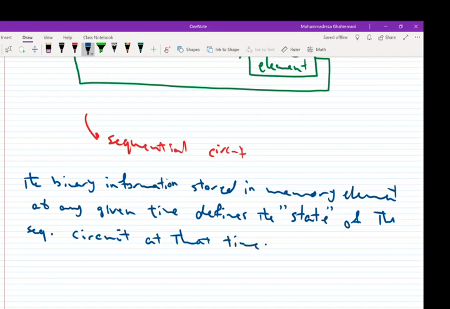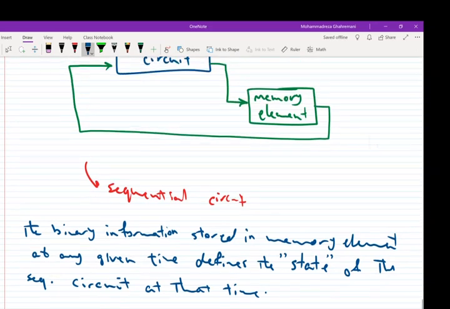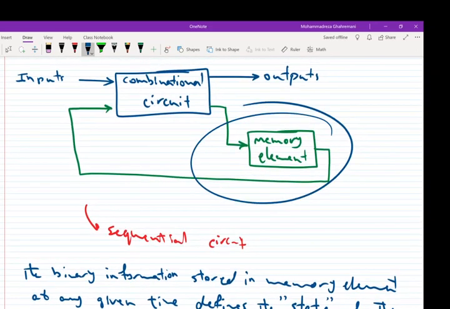Okay, so now we know what is the state of each sequential circuit. It is the information stored in this memory element.